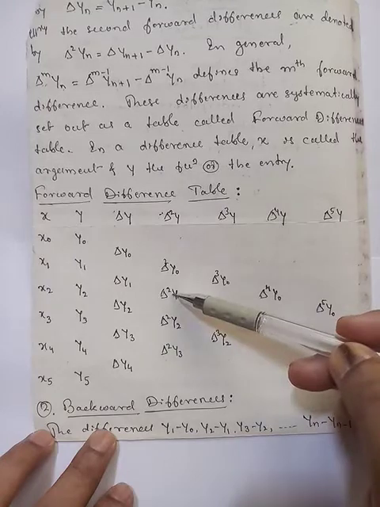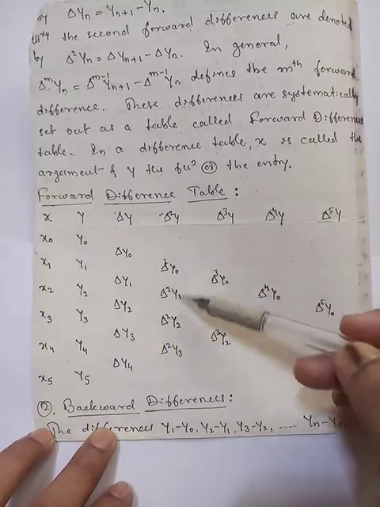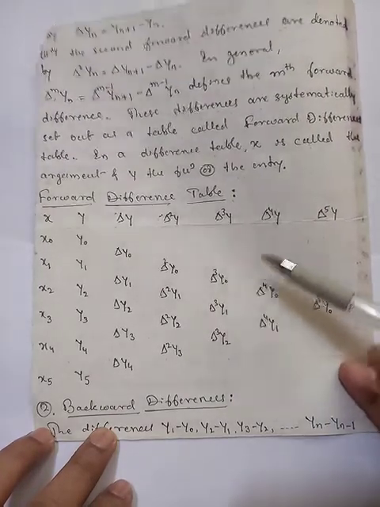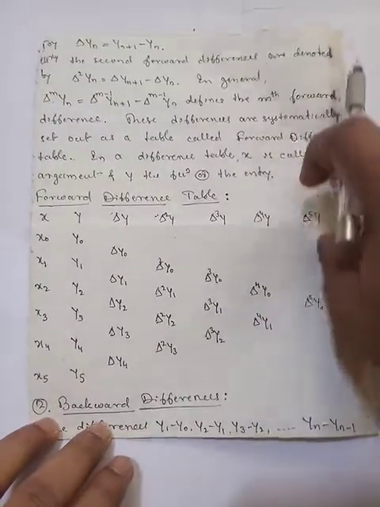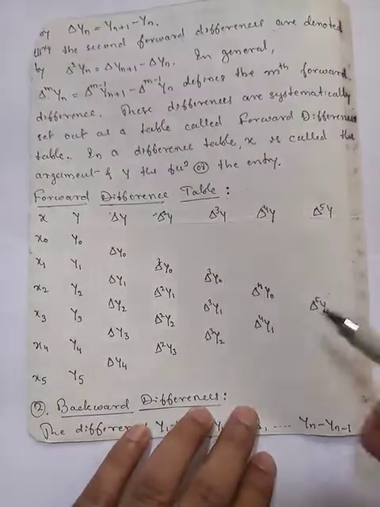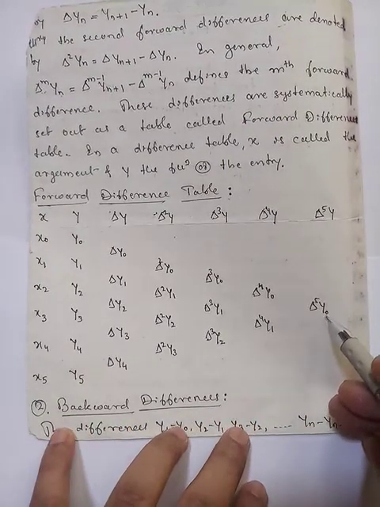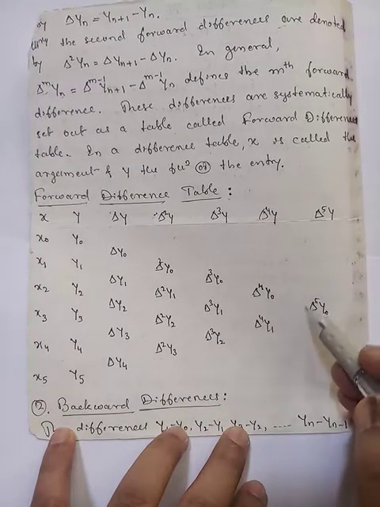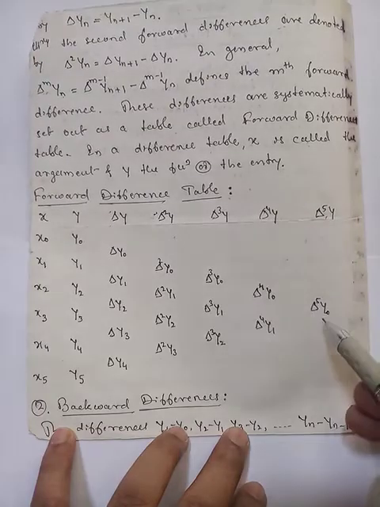Similarly for the other differences; these are the second forward differences, and these are the third forward differences. Then fourth, and we continue the differences till we get a single value. When we get the single value, that is the last, fifth forward difference.